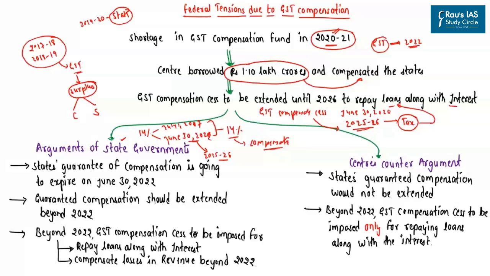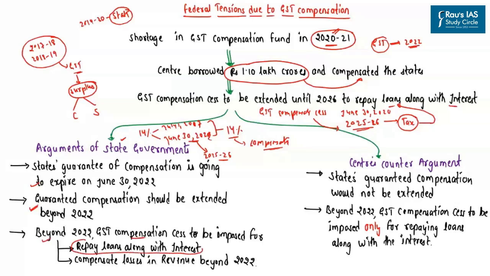So basically, the state governments have been asking for this guaranteed compensation mechanism to be continued beyond 2022, ideally until the end of 25-26. As it is, the central government is imposing the GST compensation cess to repay the loans along with the interest.